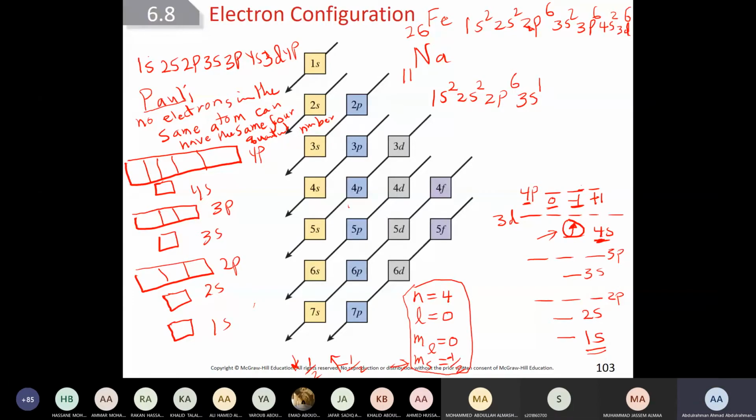Before I go to this, I want to tell you that the structures that we're drawing, like this structure for Fe and this structure for sodium, are called ground state. What is the meaning of ground state?